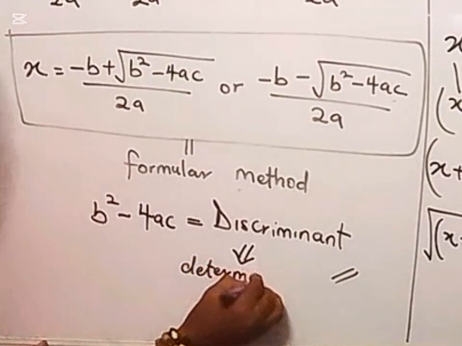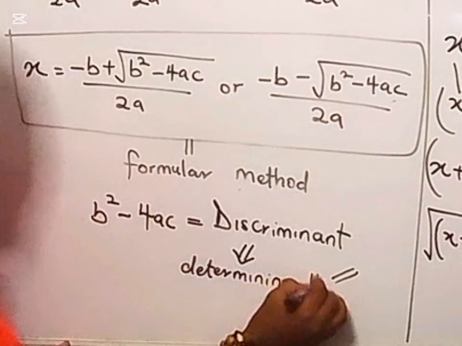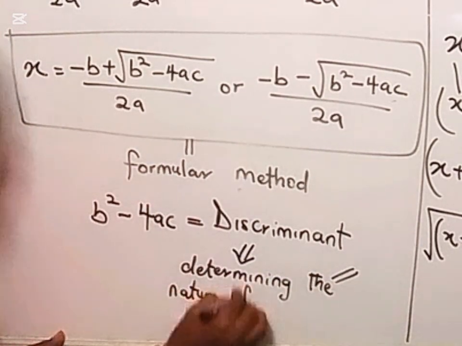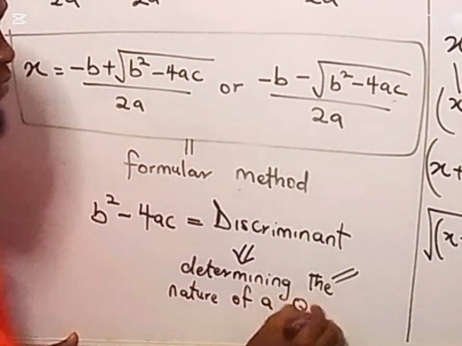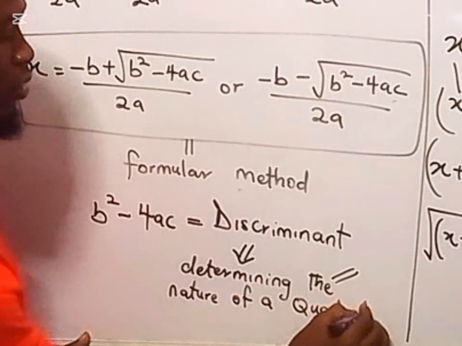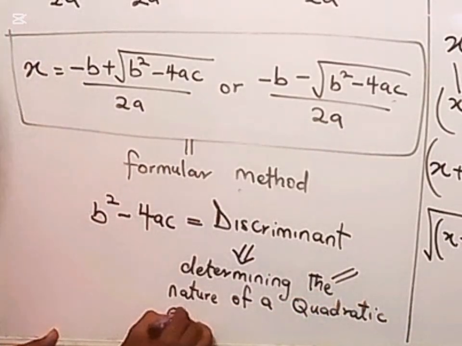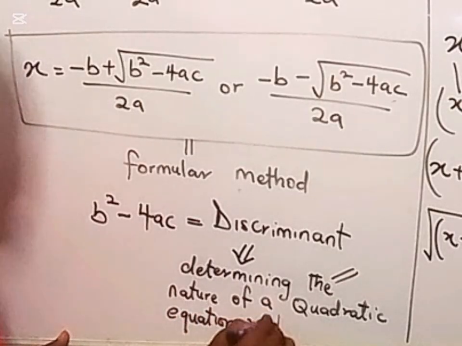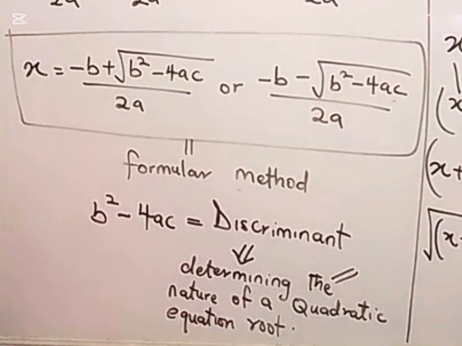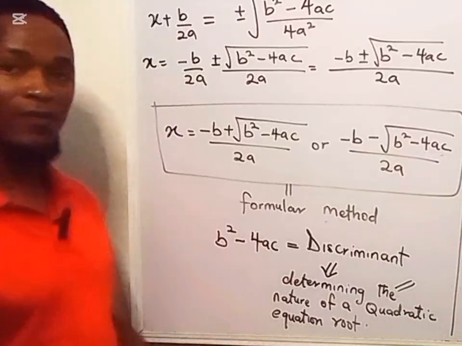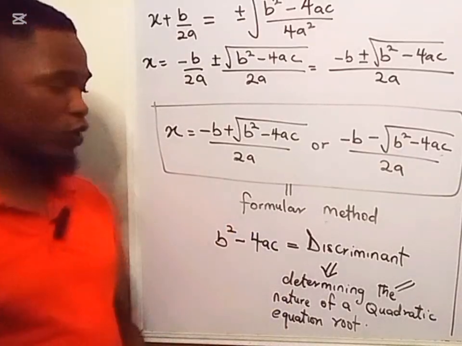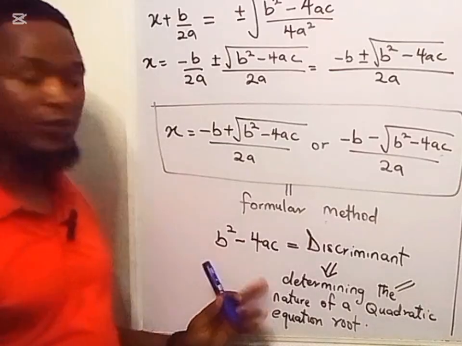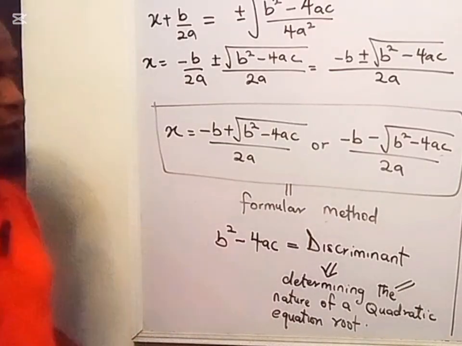Determining the nature of a quadratic equation's roots. So even without solving it, we can determine the nature of a quadratic equation by using this discriminant, this b squared minus 4ac. So let's solve some examples.